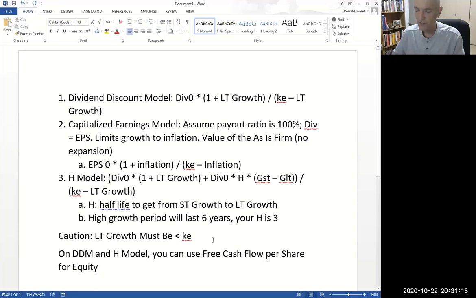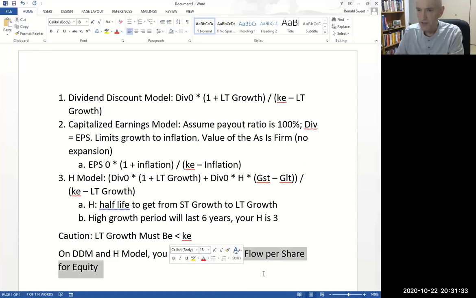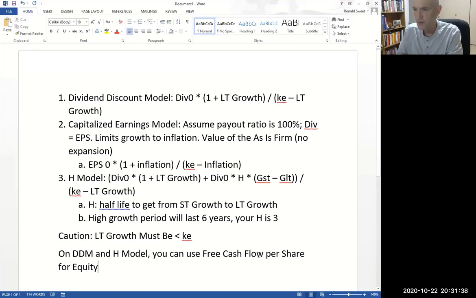Free cash flow models are considered to be the best models to use for valuing the firm, but they also give the worst answers. And so I'm not a big fan of using them for that reason. They give some really squirrely answers, and part of it's because it's just really hard to figure out what the free cash flow is. But free cash flow per share for equity is taking free cash flow of the firm, subtracting out interest expense, and then doing it on a per share basis.